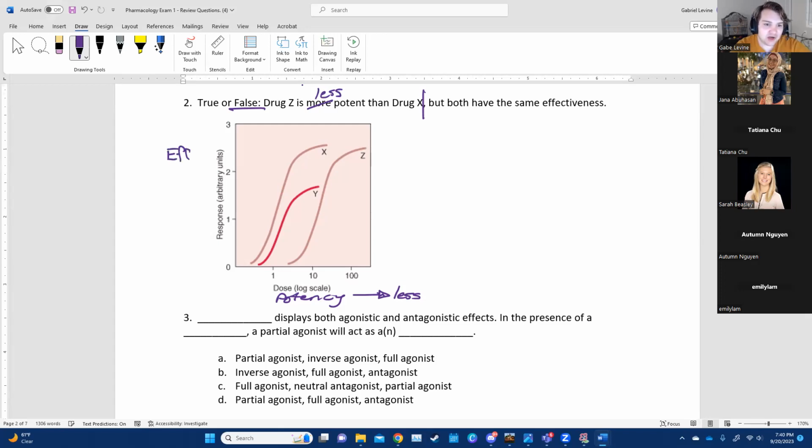Efficacy is a measure of the y-axis, and we see that both drugs are about the same responsiveness. So these would have the same efficacy, but since the first half of the question is wrong, this is false.